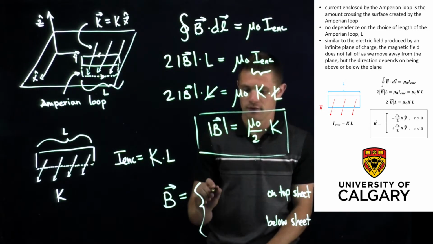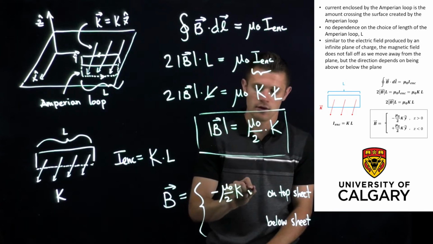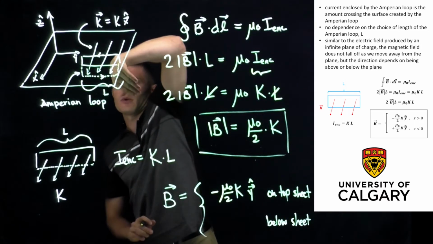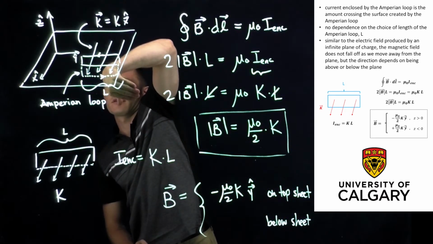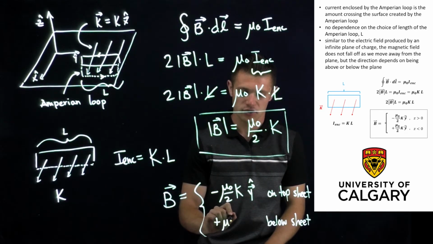So we'll say that the magnetic field is minus mu naught over 2 times K y-hat. And below, we'll have the current, again, in the positive x-hat, and the magnetic field moving in the positive y-hat direction. So we'll have that below the sheet, we have positive mu naught over 2 times K.